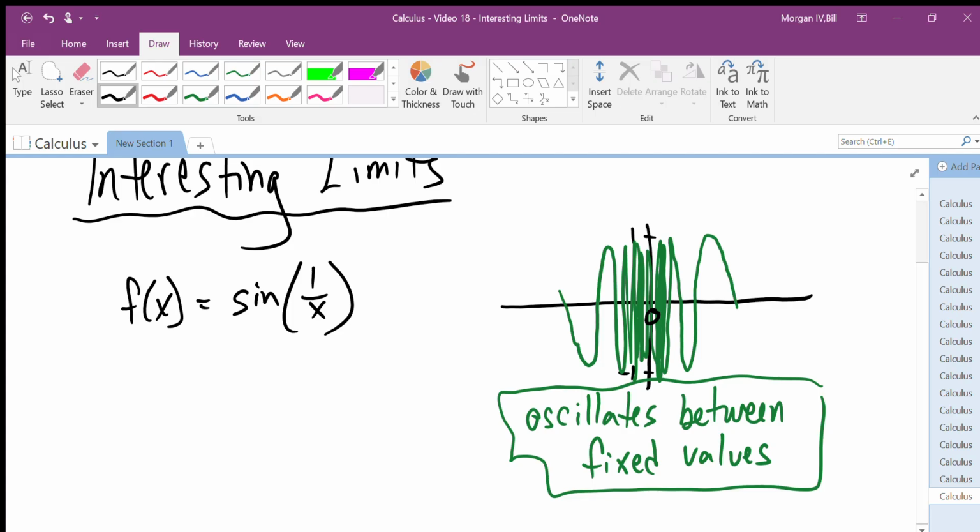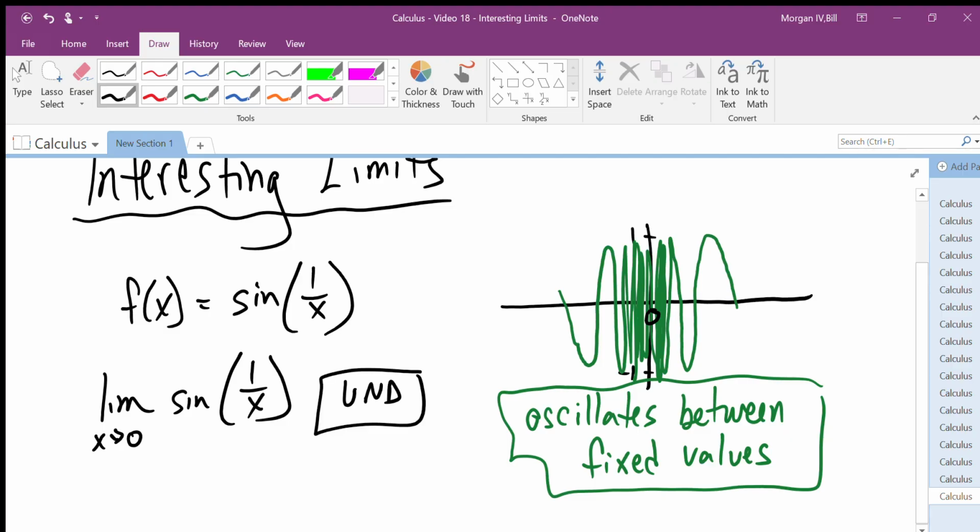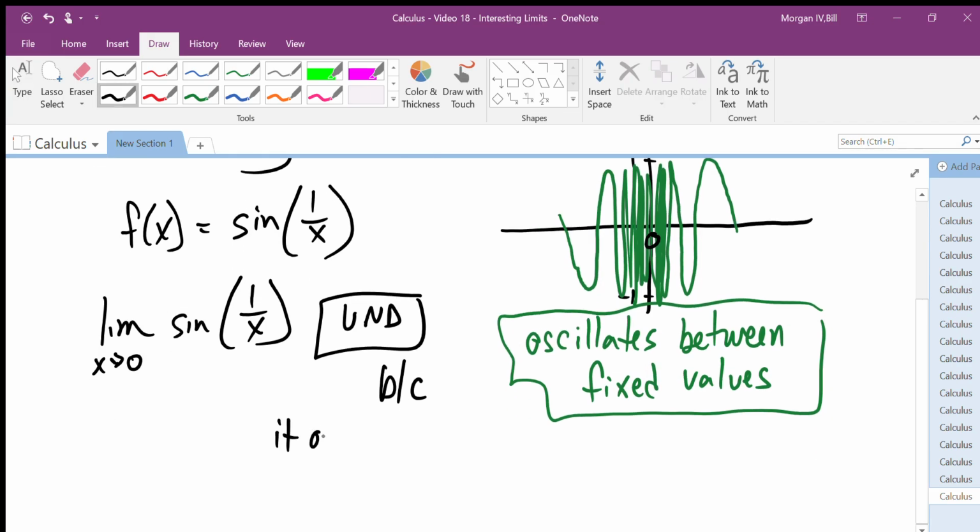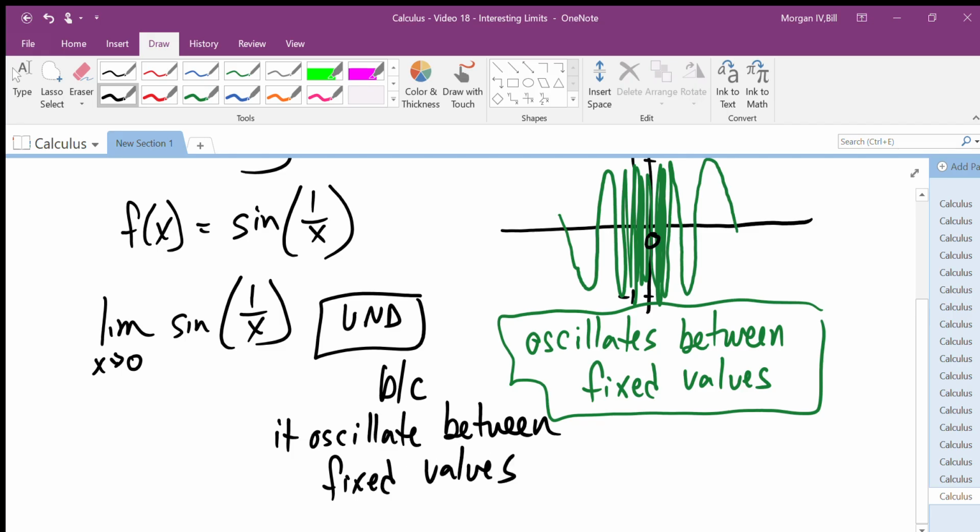So anytime you have this oscillating between fixed values, the limit, as x goes to 0, of the sine of 1 over x is undefined, or does not exist, because it oscillates between fixed values. So it never actually goes to a particular y value. It always goes between several.